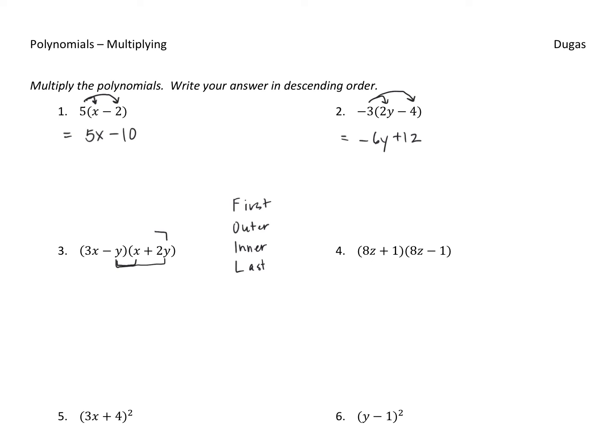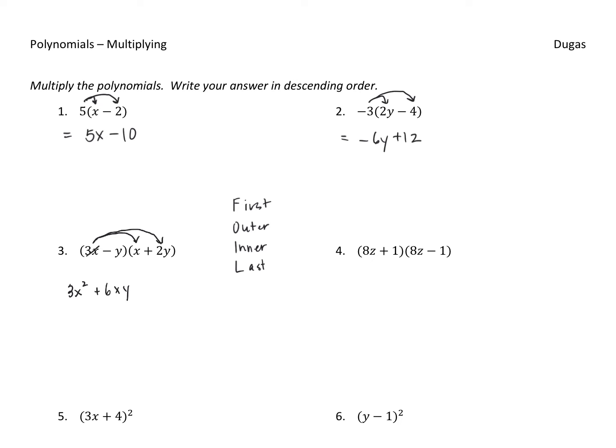But I really just like using repeated use of the distribution property. So I'm going to take this 3x and I'm just going to draw an arrow to each term in the following polynomial. And for a binomial times a binomial, it really just works out where it is FOIL. So 3x times x is 3x squared, and 3x times 2y is 6xy.